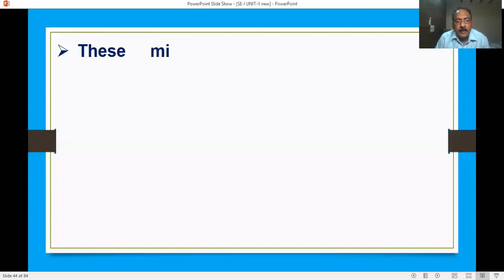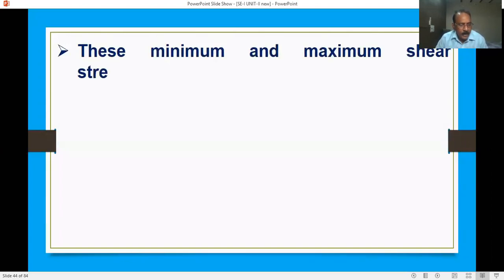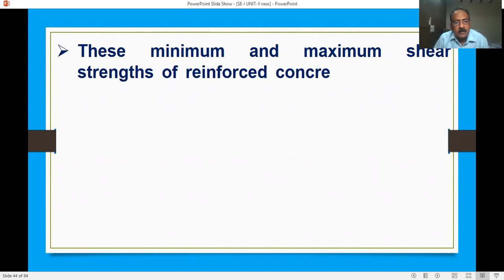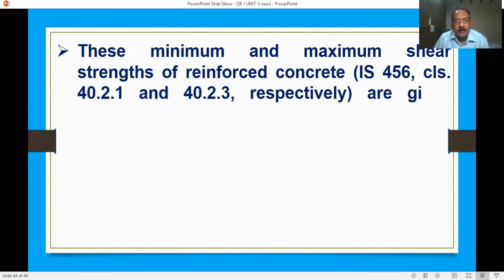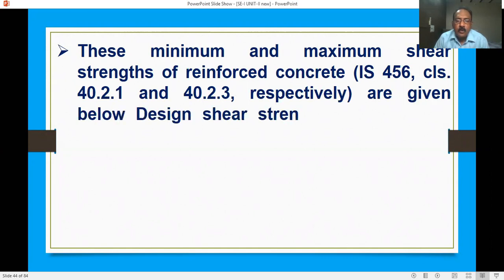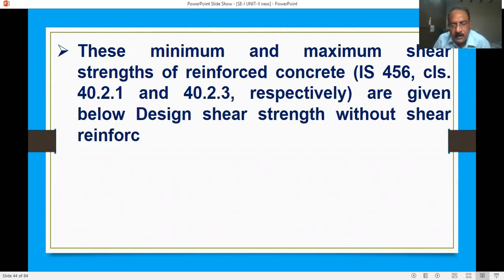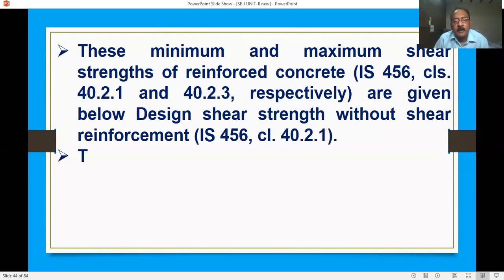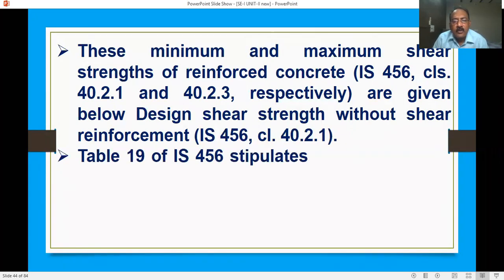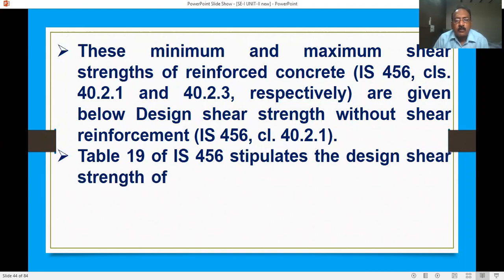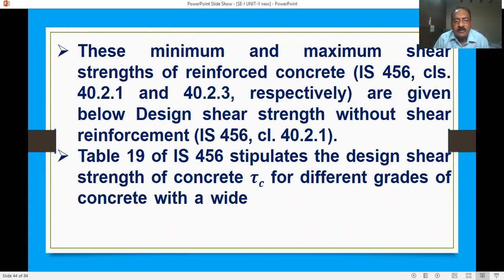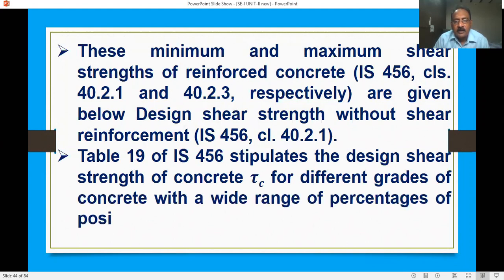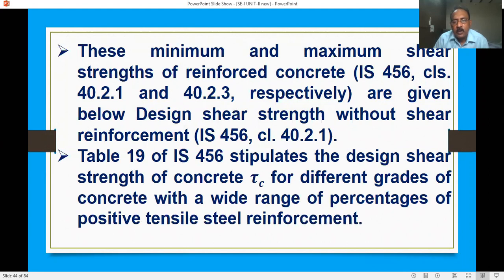See, then next, the minimum and maximum strength of reinforced concrete. You open the IS 456 code book. I will show it in this slide also in the PPT, but you should have the IS code book whenever you are learning this subject, SE1. It should always be with you like your pen and notebook.